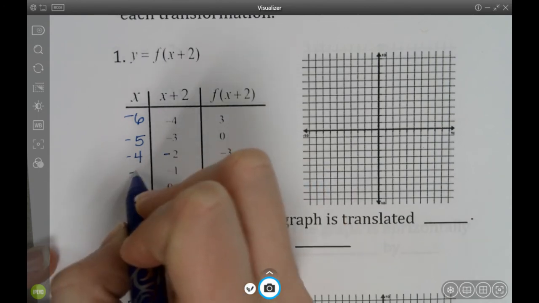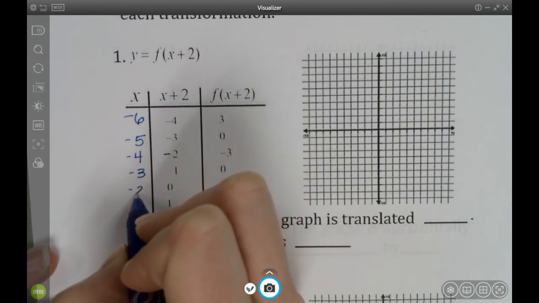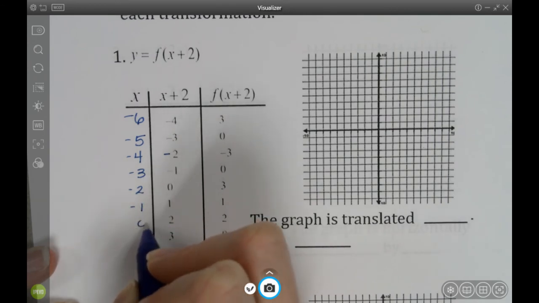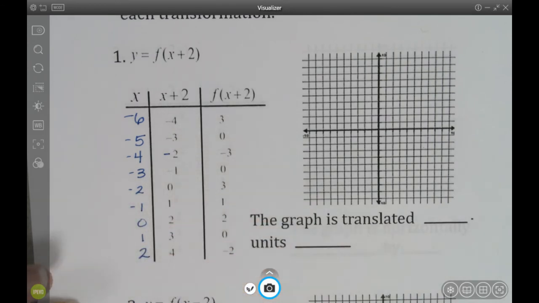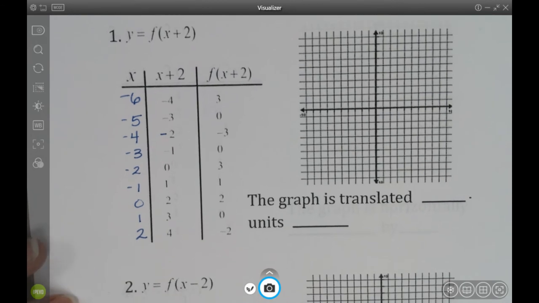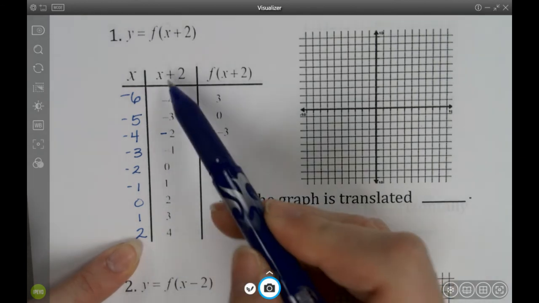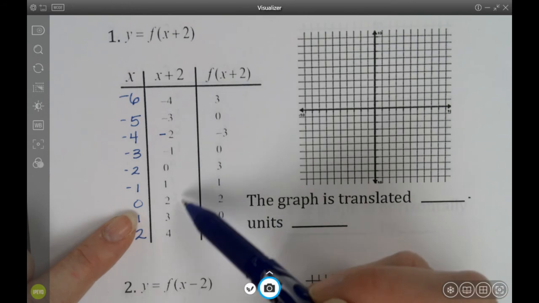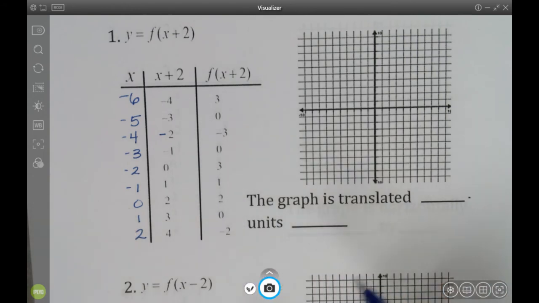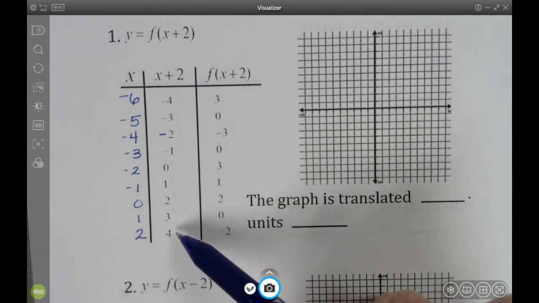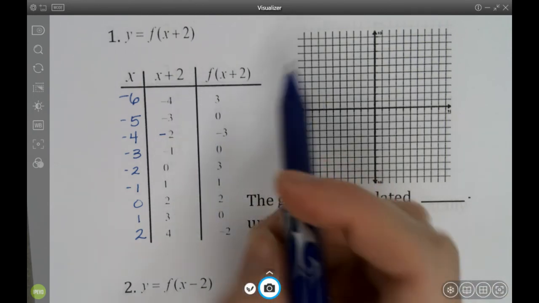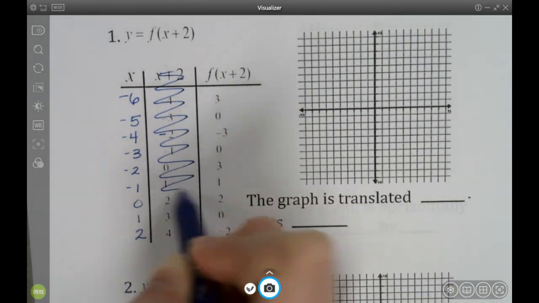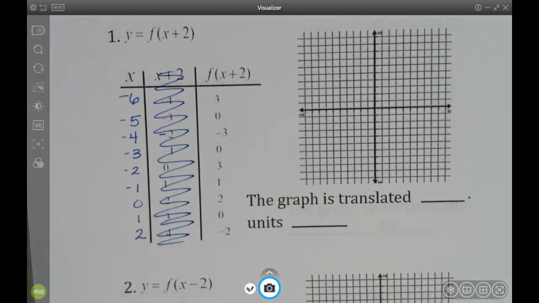And then -3, -2, -1, 0, 1, and 2. Because 2 + 2 would give you 4, 1 + 2 would give you 3, 0 + 2 would give you 2, blah, blah, blah, right? So just like last time, once we've used this middle column, we're going to mark it out. And we're going to plot those points.